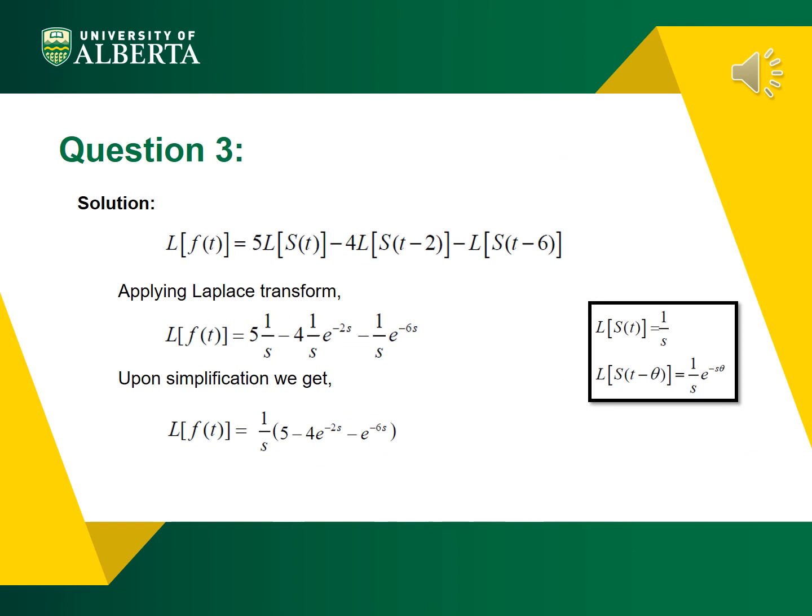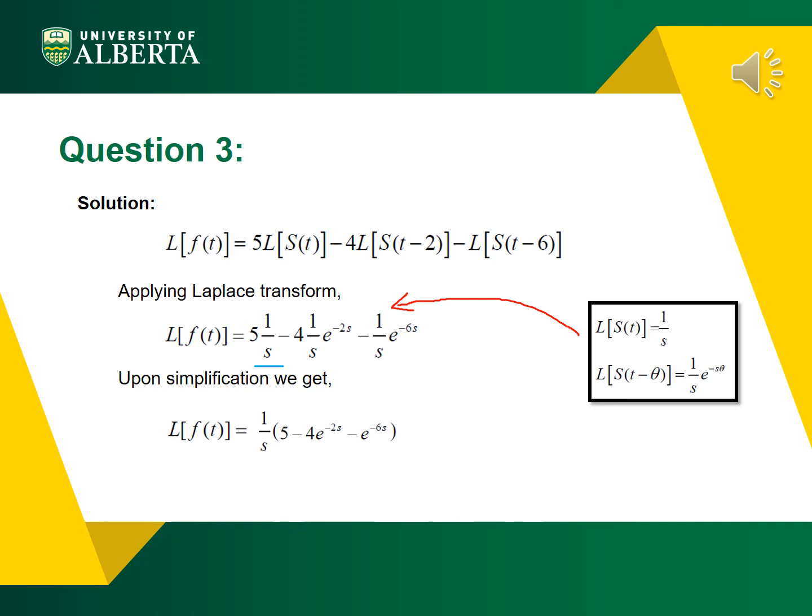Now we'll apply the Laplace transform with the formula given in the box on the right hand side. The Laplace of a unit step s of t would be 1 by s. So for the first term, it would be 5 into 1 by s. And for the second term, we have theta equal to 2.